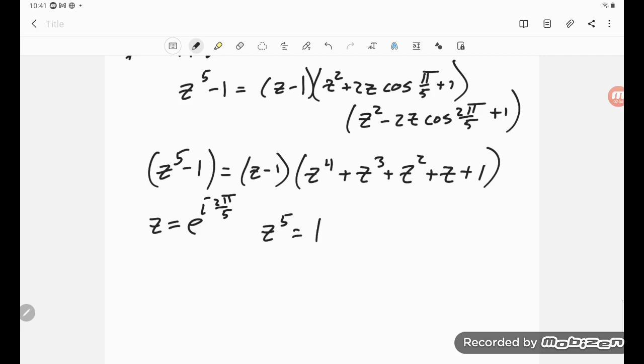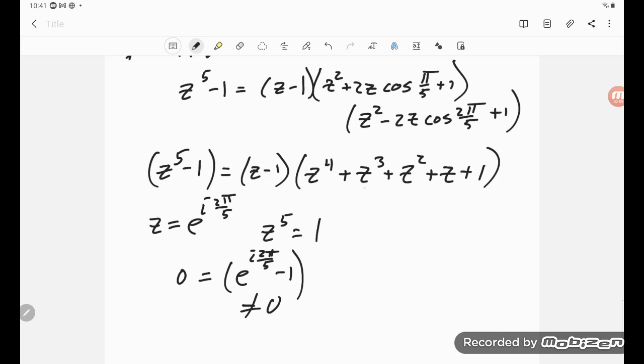And so I get 0 if I put it into the left-hand side. So you see I would have 0 equals, and here I would have e to the i 2 pi over 5 minus 1. Well, the main thing here is that's not equal to 0.